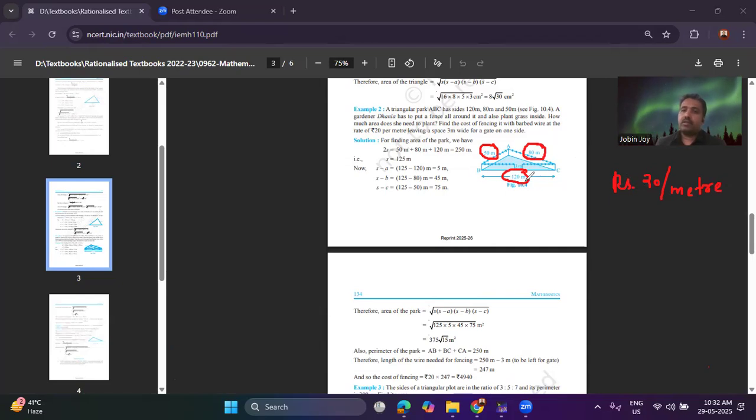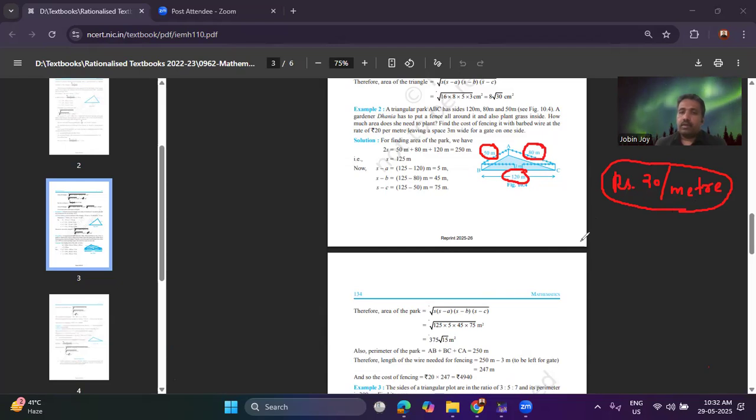So on one side there is an opening 3 meter wide. We have to calculate the total cost of the fencing. The rate of the wire is rupees 20 per meter. Okay.